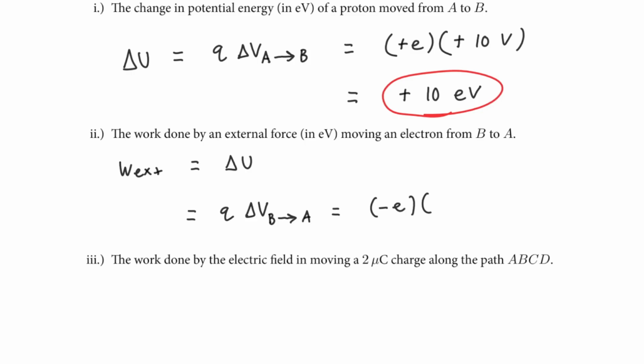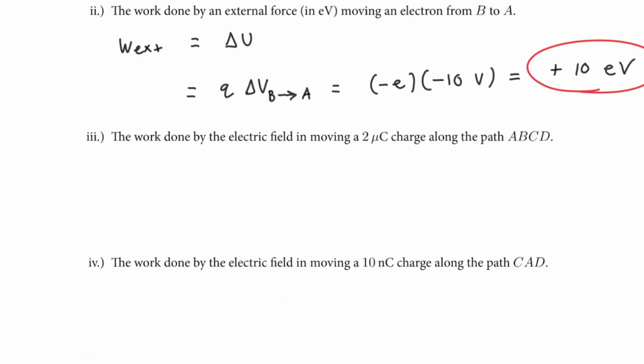And if we found that the potential from A to B is plus 10 volts, well, if I'm going from B to A, that's the opposite, so that's minus 10 volts. And notice we actually get the exact same answer. And that's due to this double negative involved. Because if a proton gains potential energy from going from A to B, then the work done by an external force in moving an electron from B to A, well, that means I'm just doing the opposite way, but also the opposite charge, so those two effects exactly balance out.